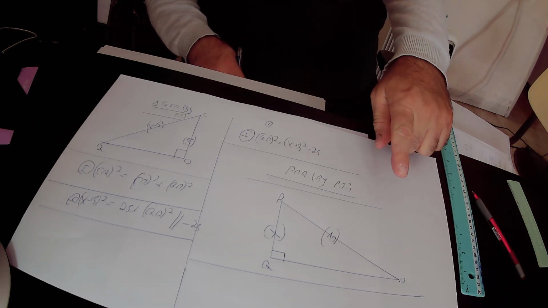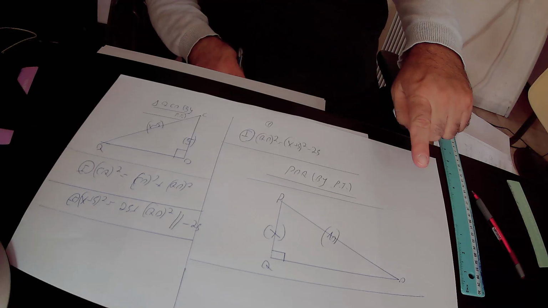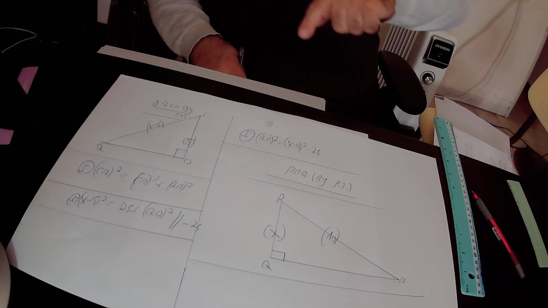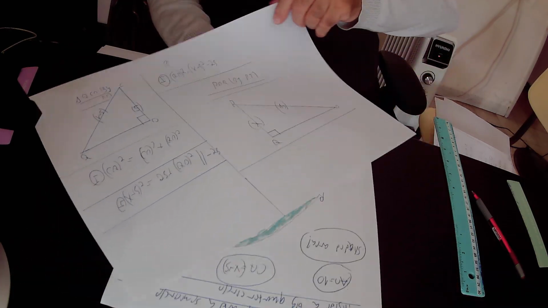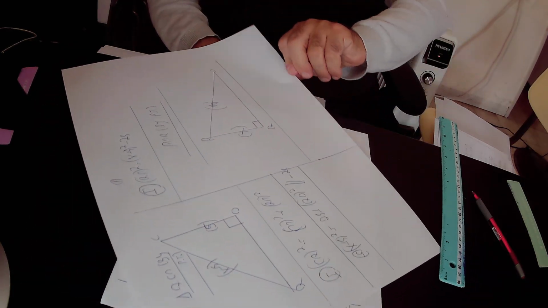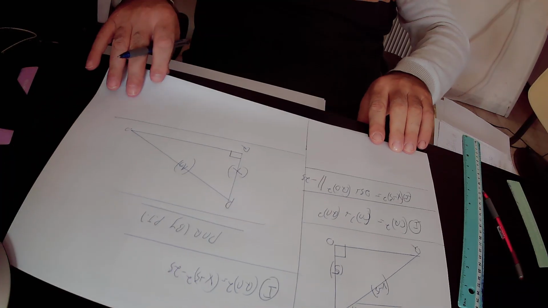In this right triangle PQO, according to the Pythagoras theorem, PO squared, that is the square of the hypotenuse, equals PQ squared plus QO squared. This will be equation 2.